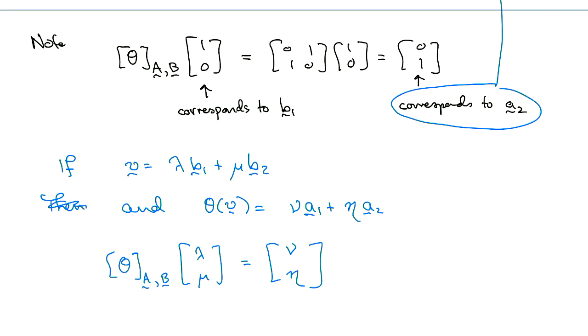And then you're doing theta of some linear combination of a choice of basis of the domain, and you want to write it out as a linear combination of some choice of basis of the codomain, and the matrix representation turns that into a matrix calculation, just doing exactly what I said here.